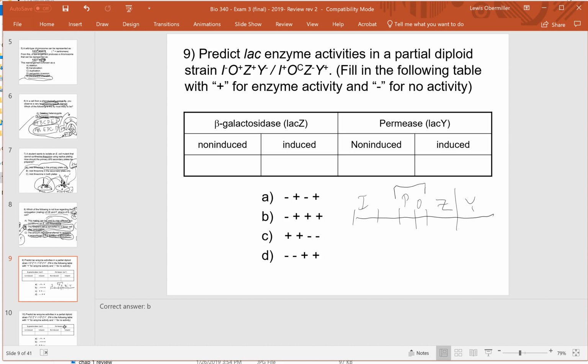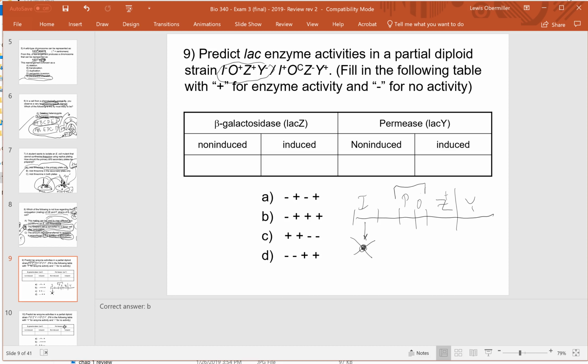All right. So the first one, this is I minus, which means that it's broken, and so we don't get any protein product. So that I doesn't work. This O plus, it's fully functional.